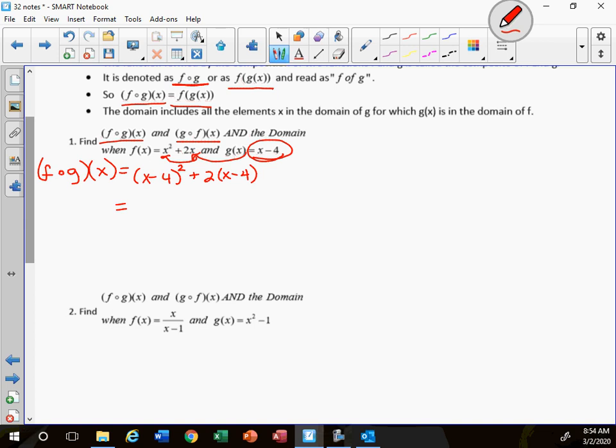No, what is it? You guys are really quiet suddenly. x squared minus 8x plus 16, good. And then I can distribute my 2, so plus 2x minus 8. So when we simplify, what do we end up with here? x squared minus 6x plus what? 8. Good. All right, so that is f of g of x.